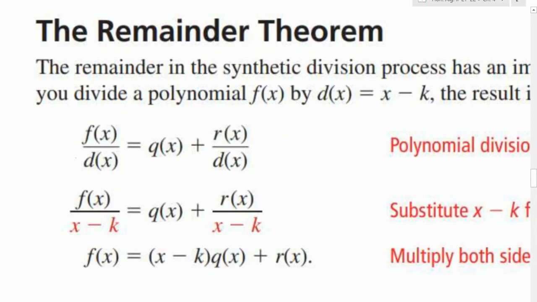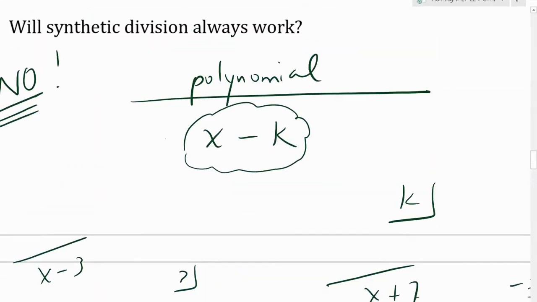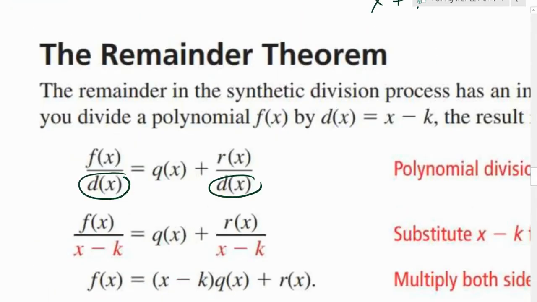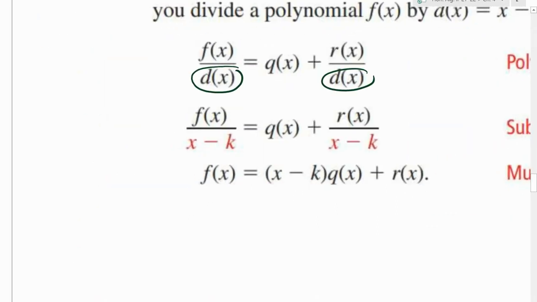But today, we only divided by a binomial with a lead coefficient of 1. So instead of putting the divisor, let's put x minus k. And then, like we were talking yesterday, how you check your answers, 10 divided by 2 is 5, because 2 times 5 is 10.